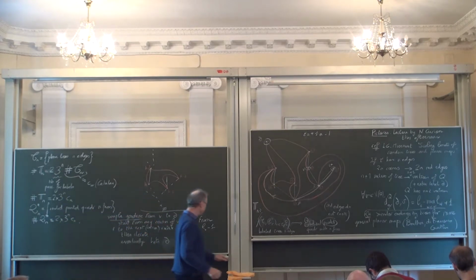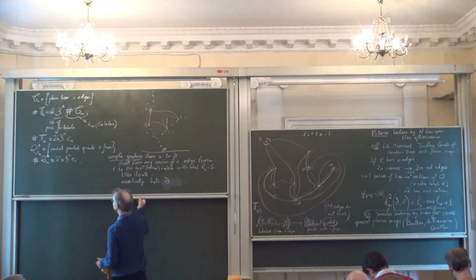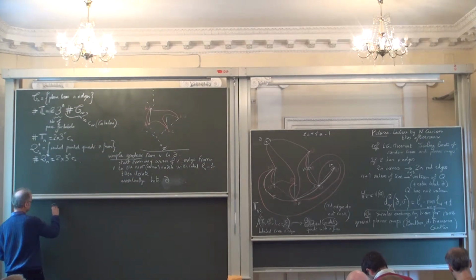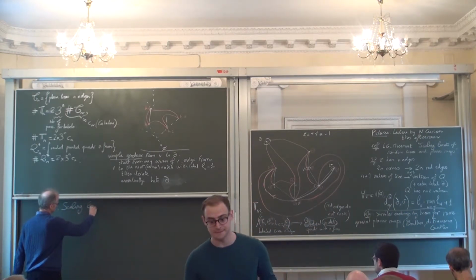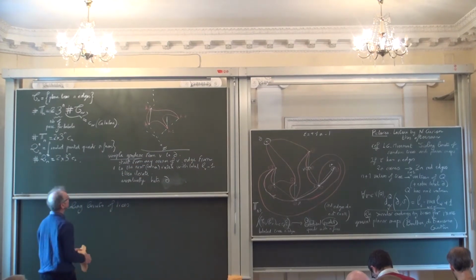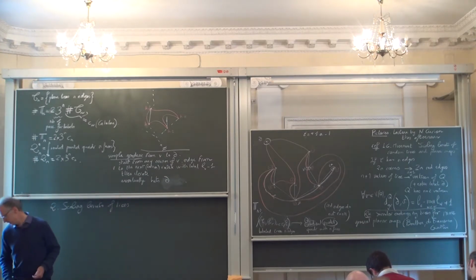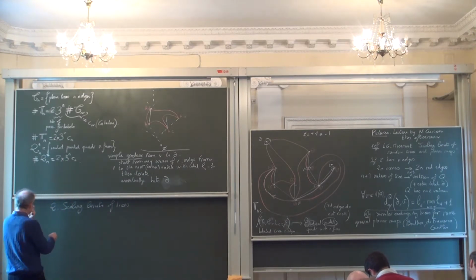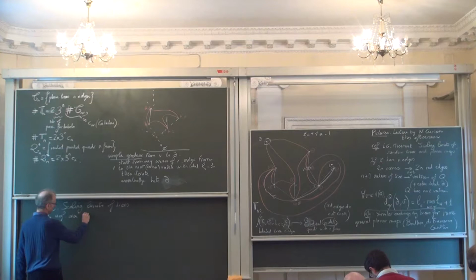Okay. So let me come now to the second part of the lecture. I will discuss scaling limits of trees. So what we said yesterday is that we start from Q_n, which is uniformly distributed over the set of quadrangulations.